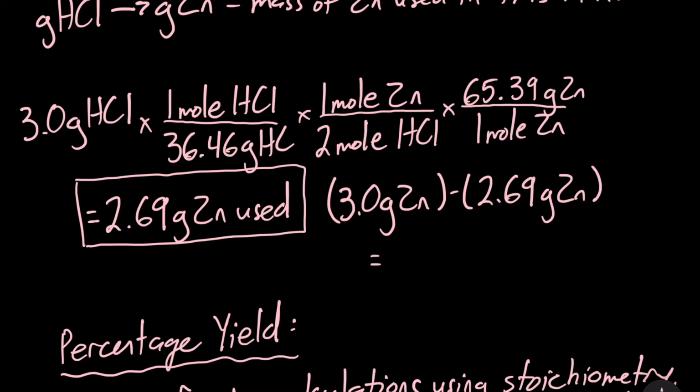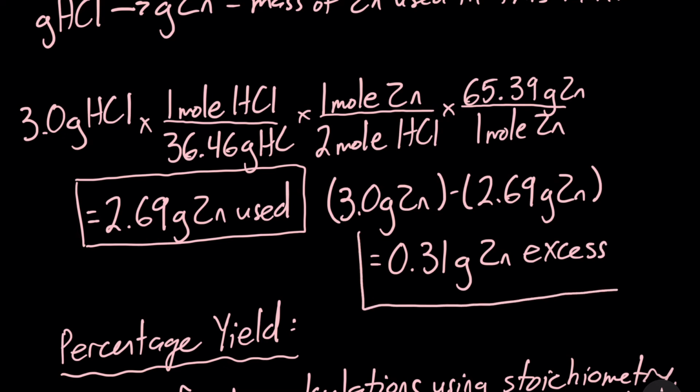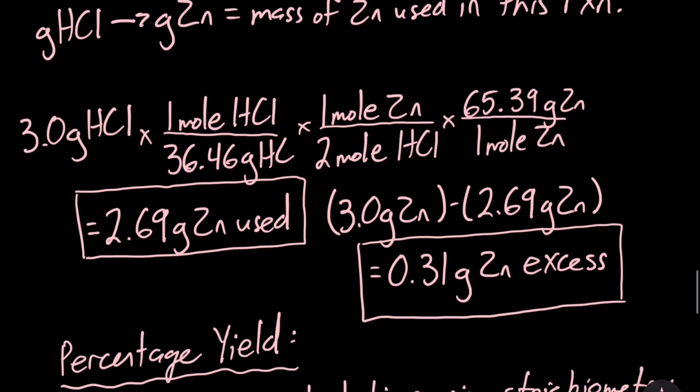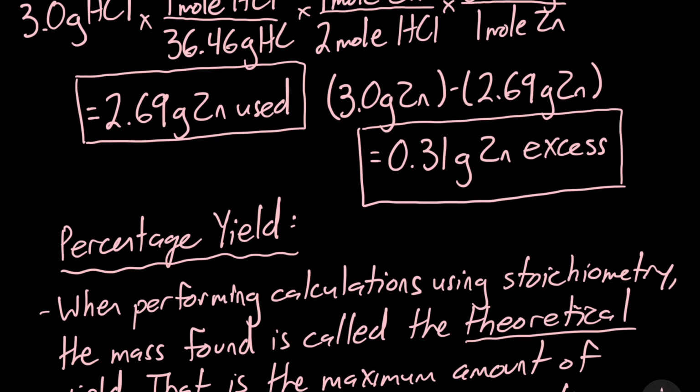And if you take a look at that, if you type that into your calculator, you should get 0.31 grams of zinc is in excess. Okay. So I know that's quite a long example, but those are your steps to find your LR, your wanted quantitative data, and then also your excess.